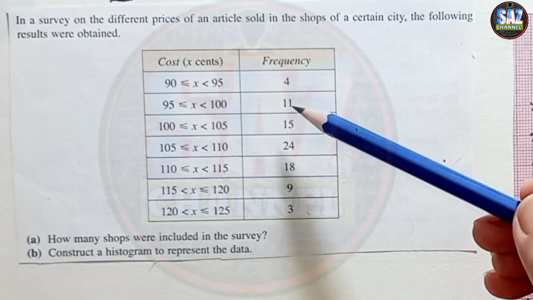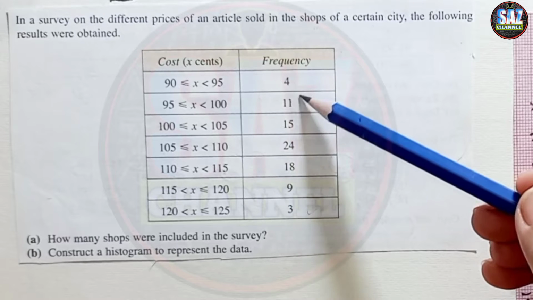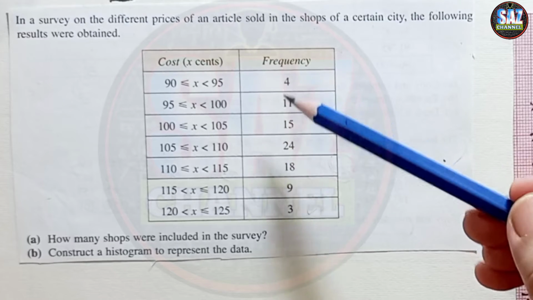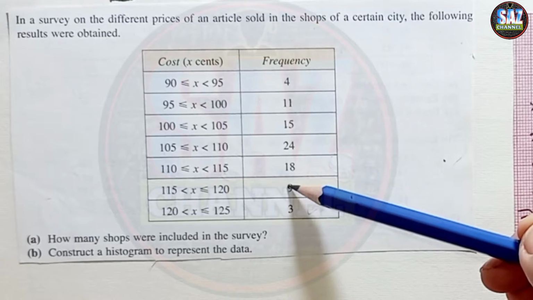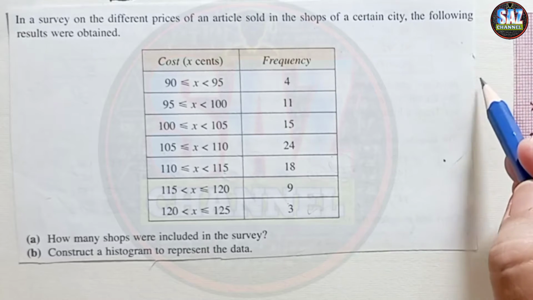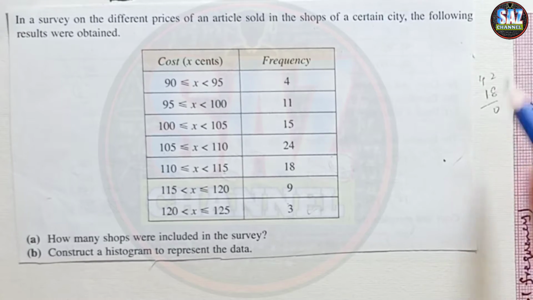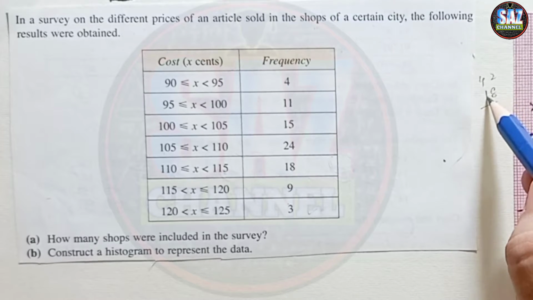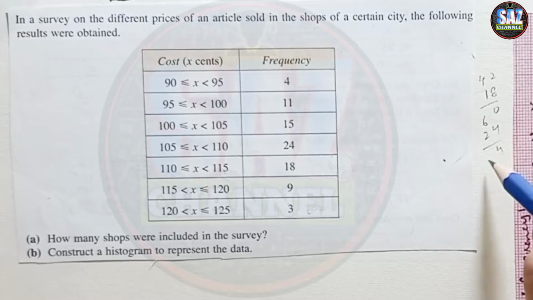First, let's try to solve the question mentally, because the question can come in paper 1 as well. 11 plus 4 is 15, 15 plus 15 is 30, and 30 plus 9 is 39, plus 1 is 40, 42, 42 plus 18 is 60, then plus 24, this is 84.